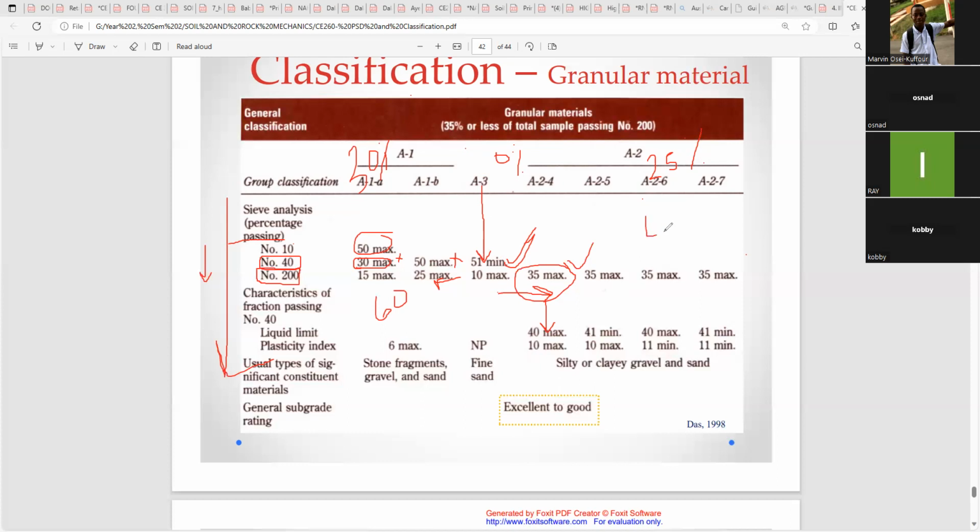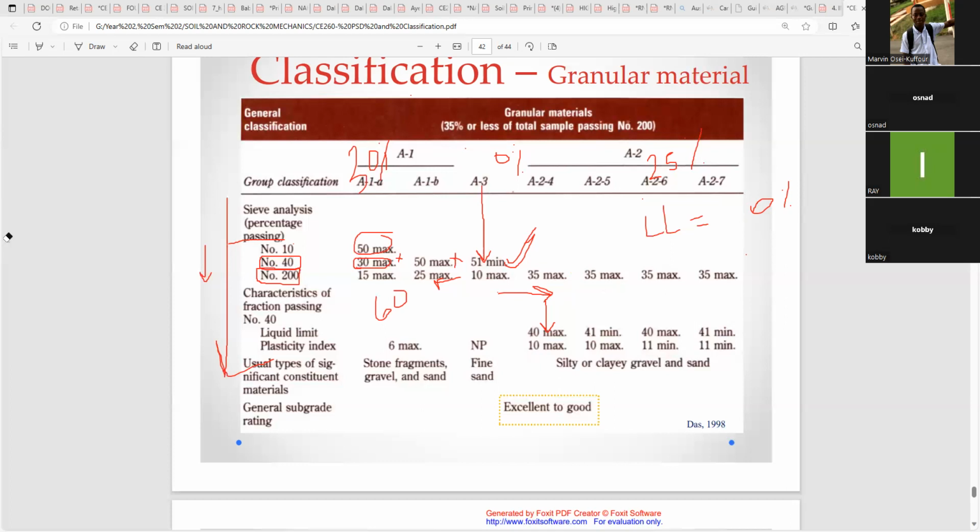And assume we have our liquid limit, LL, to be maybe 50%. So if it is, or let me make it 30%, so that we will just maintain something for some time.